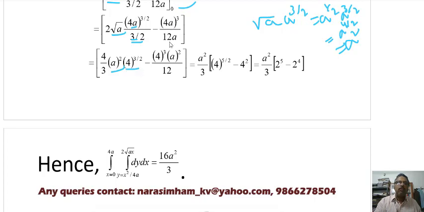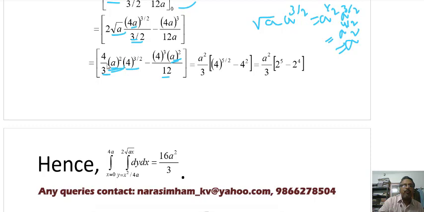Here 4 cube, a cube, one a cancels, a square. Now simplify. Here a square and here also a square is the common term. Here the denominator is 3, here also denominator 3.